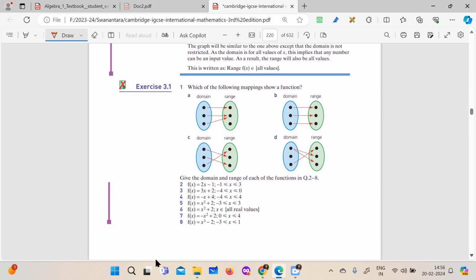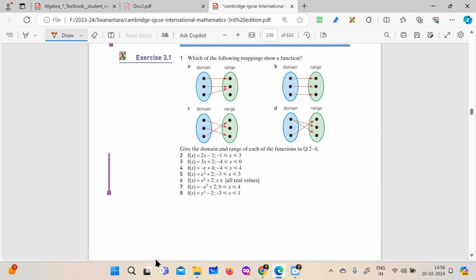Now we'll see this one. Which of the following mappings show a function? Looking at these diagrams, which of them are functions? What do you think about A? It is a function. Can you tell me the reason why?